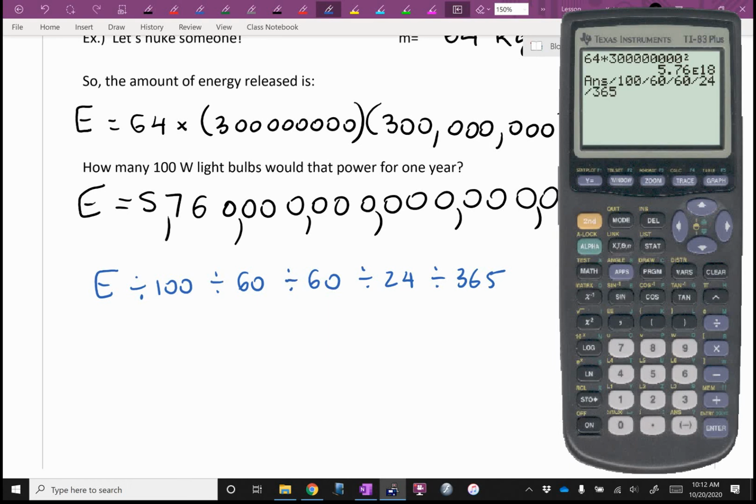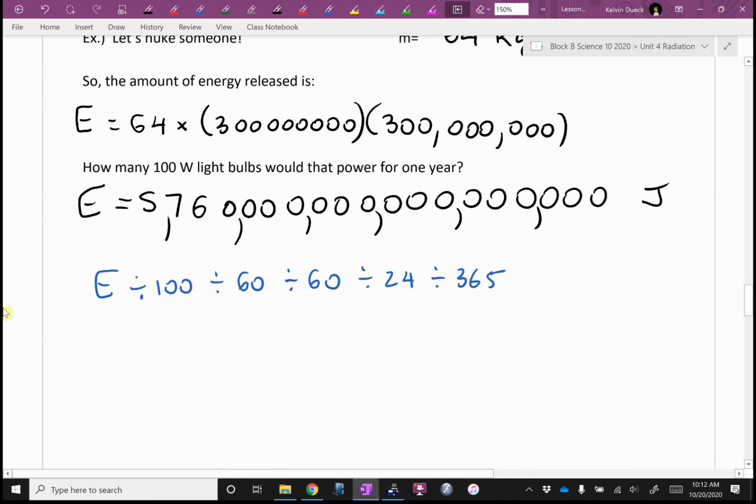If we nuked you, Tabby, if we took all of the energy that was in your atoms and we turned it into pure energy, we could light that many light bulbs for a year. How many light bulbs is that? It's a good question. A lot. I'm going to cheat.